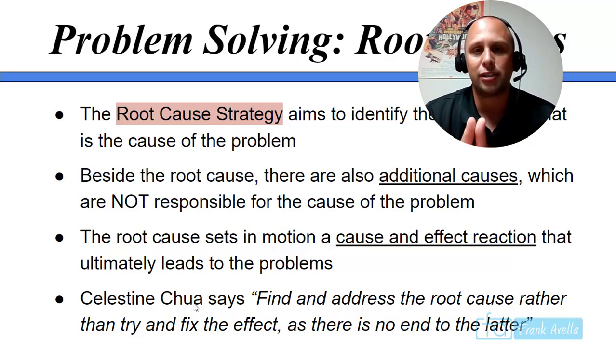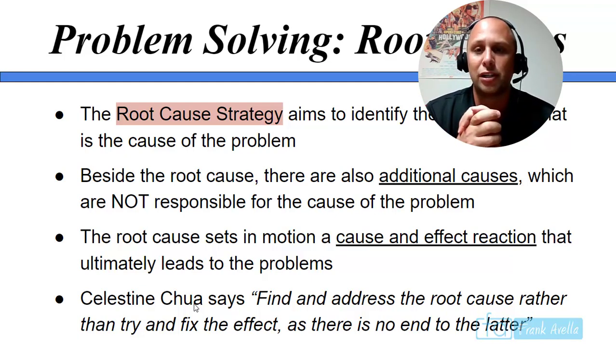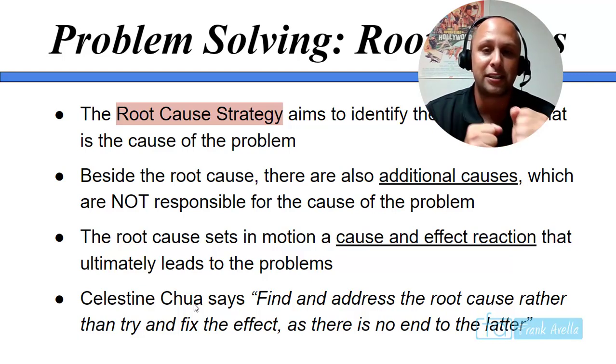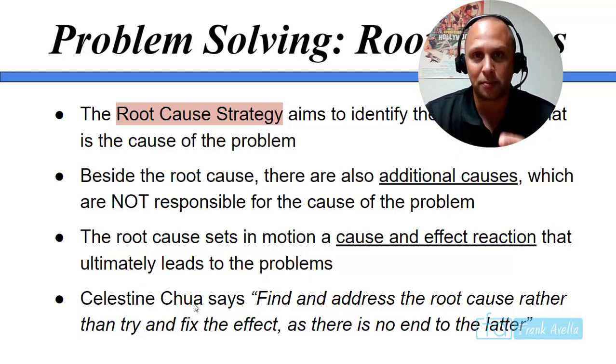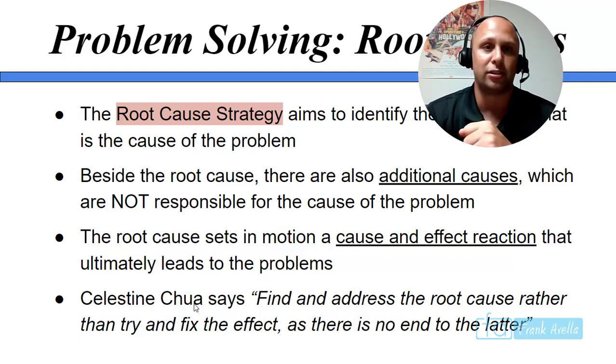So the root cause sets in motion a cause and effect reaction that ultimately leads to problems. Chelsea Cho says, find and address the root cause rather than try and fix the effect, as there is no end to the latter. So, once you fix the main cause, you should be able to remedy the additional causes.